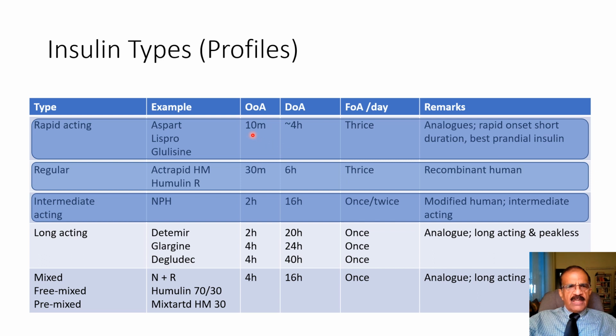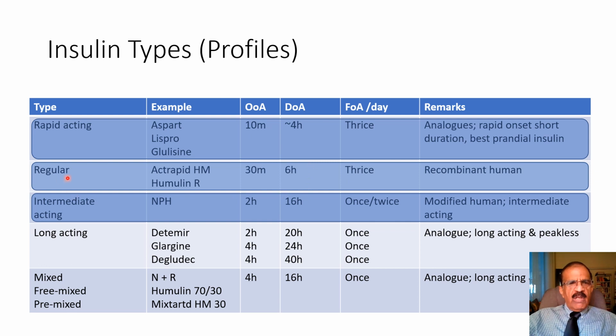This early onset as compared to regular insulin is an advantage because you will not have to wait for half an hour before you can take your meal. You can take insulin and within 10 minutes you can take your meal. And this 4 hours as compared to 6 hours is advantageous because once you have eaten, for the last 4 hours, the risk of hypoglycemia will be minimized with the rapid acting because there will not be much insulin in your body at this time when you have not taken your next meal.